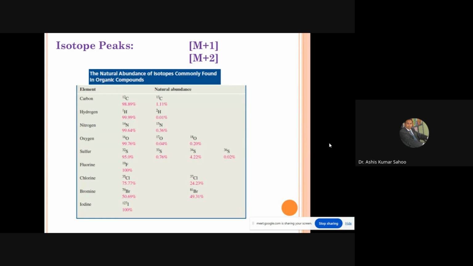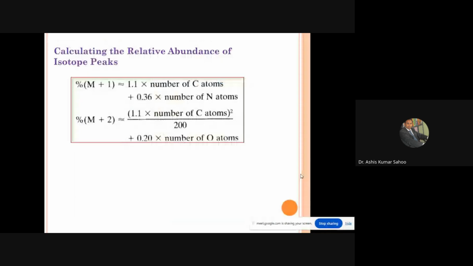Carbon 12 and 13, hydrogen 1 and 2, nitrogen 14 and 15, oxygen 16, sulfur, chlorine, and so on. These have different abundances and percentages. If you look at the relative amount, M plus 1 is about 1 for each carbon.